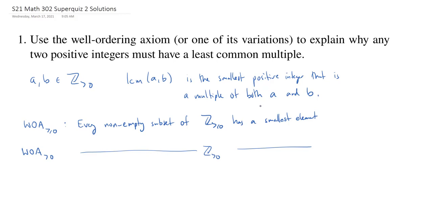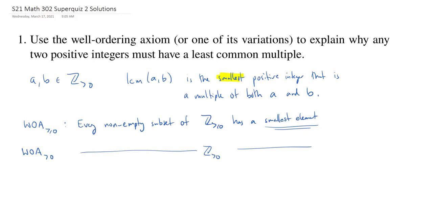Okay, so if we want to get a smallest element, which is exactly what we're asked to find when we try to show that the least common multiple exists, we should be able to use the well-ordering axiom as long as we can determine the correct non-empty subset. Okay, so how are we going to do that?